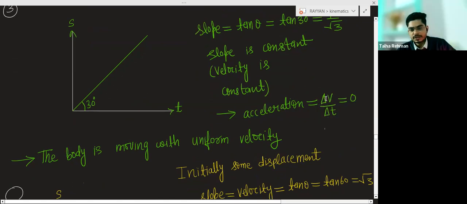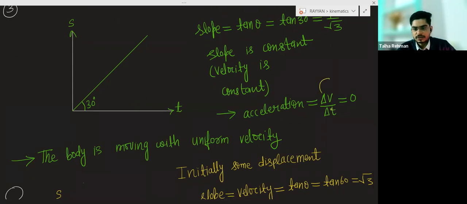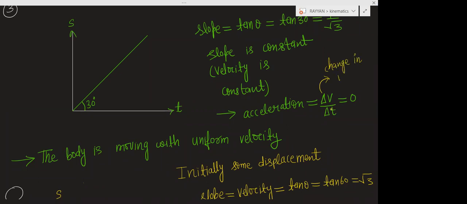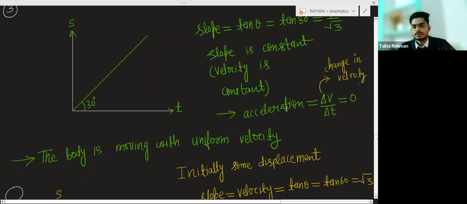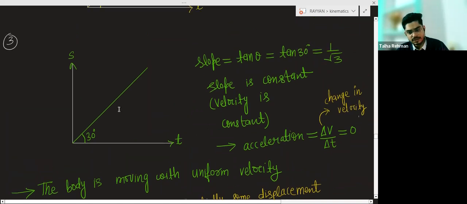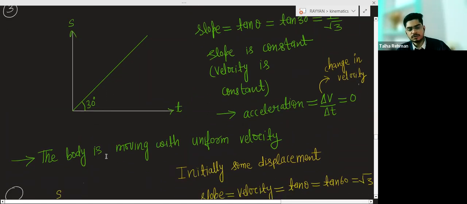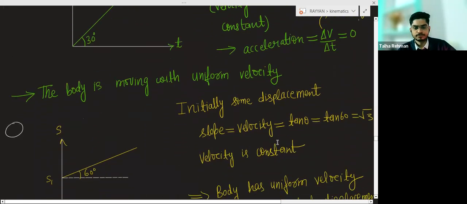Delta v by delta t, where delta v is the change in velocity, and this change in velocity is zero. So you can say in this graph the body is moving with uniform velocity, that is, constant velocity.